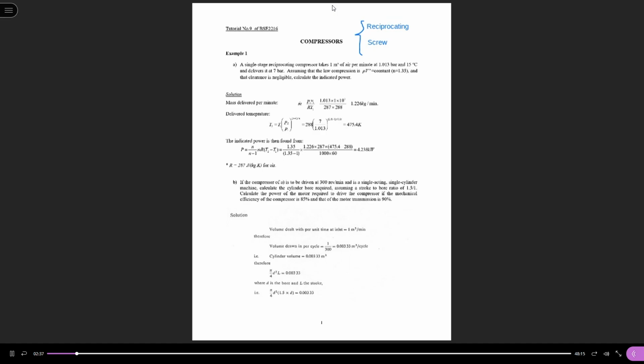So, in fact, we mainly introduce the working principle of the reciprocating type, and next time we will introduce the centrifugal compressor.